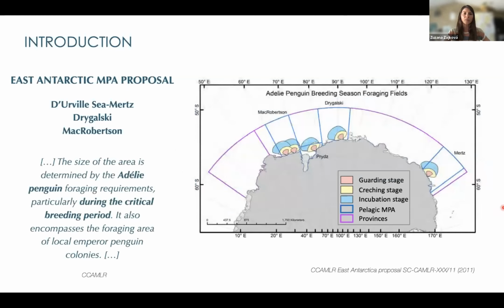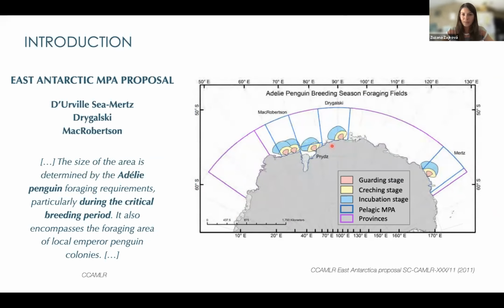When you take a look in the original proposal, we can see that the size of the area is determined by Adelie penguins' foraging requirements, particularly during the critical breeding period, also including the foraging areas of emperor penguins.